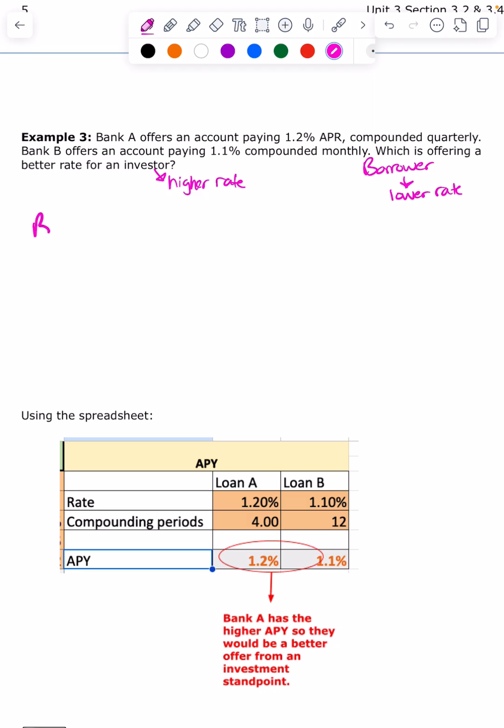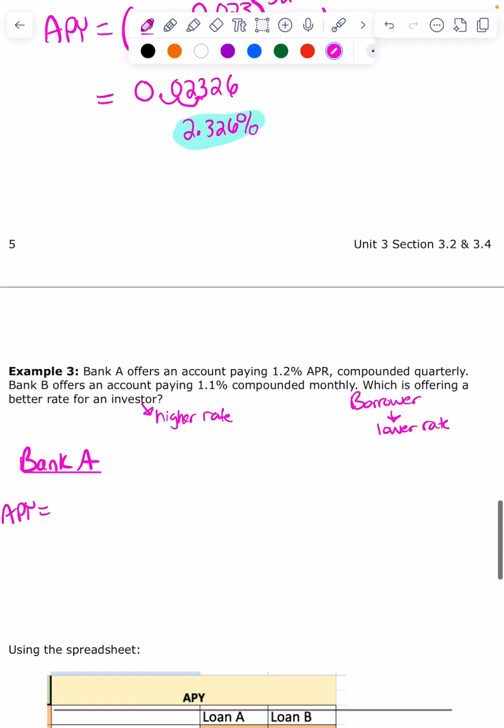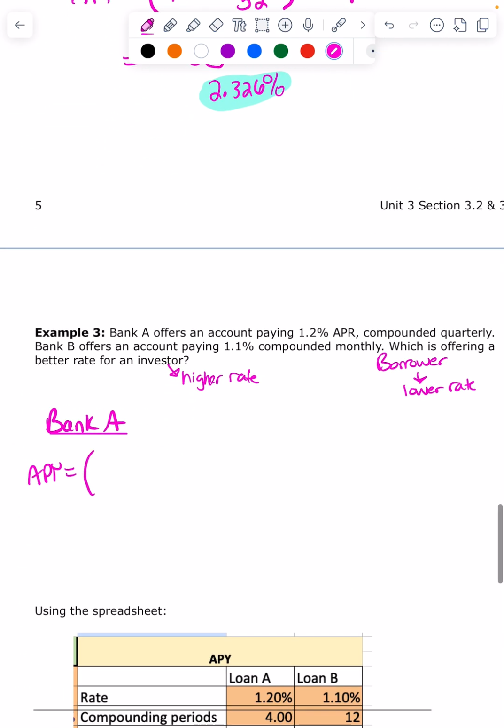All right, let's look at Bank A. Bank A, the APY is going to equal parentheses 1 plus 0.012 divided by 4, because it's quarterly, all raised to the 4th power, and subtract 1.